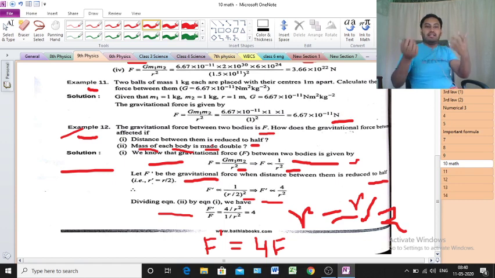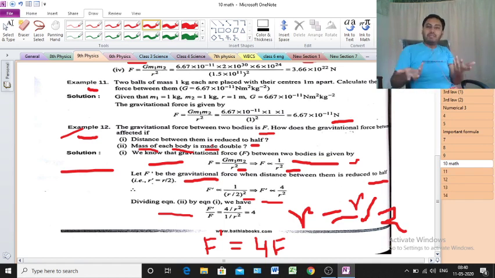Clear? And in the second point, mass of each body is made double. Initially the masses of the bodies are m1 and m2. Finally there will be double, that means instead of m1 just put 2m1, instead of m2 just put 2m2.